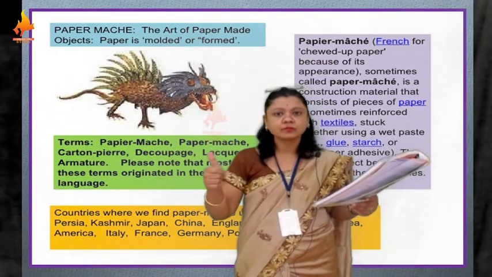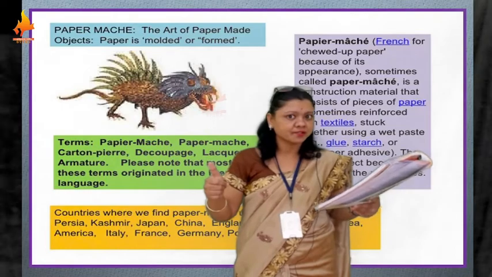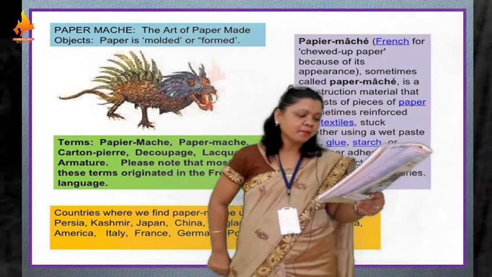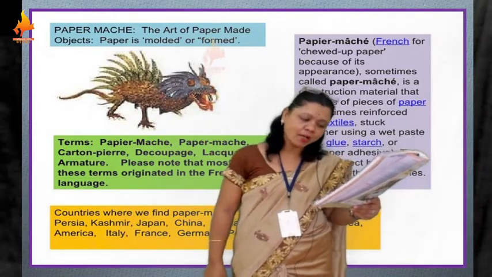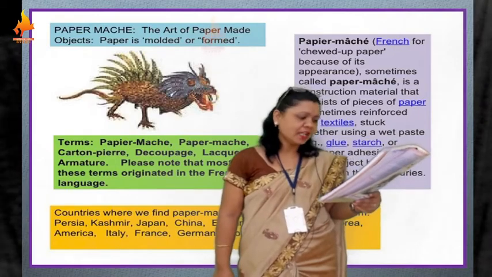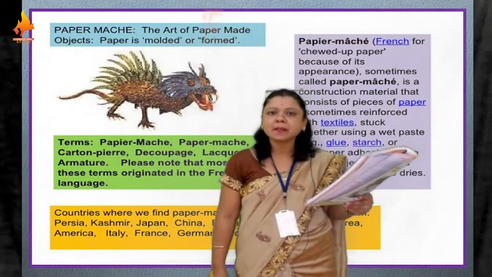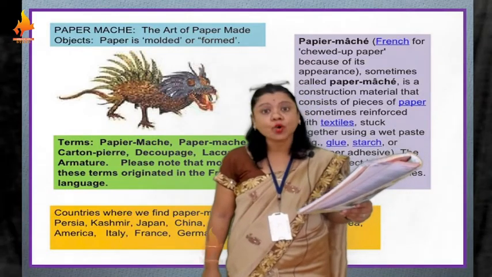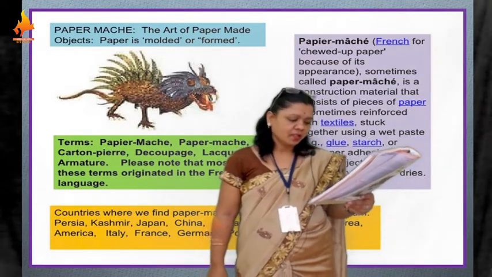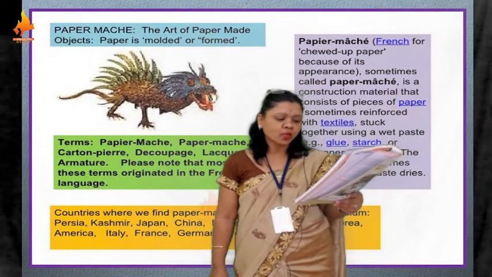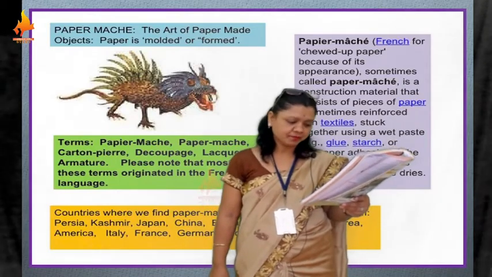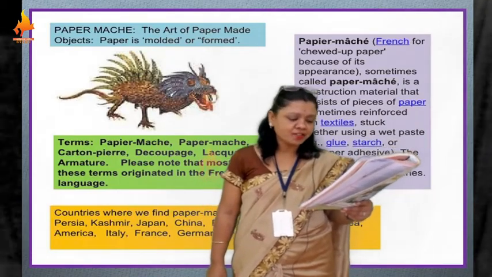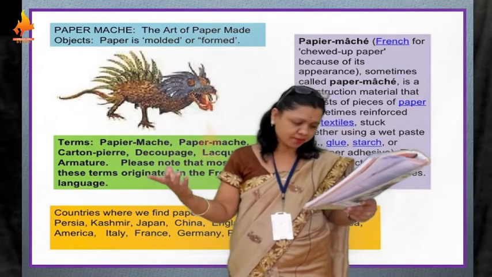So, be enthusiastic. Okay? So, paper mache is a perfect environmentally friendly craft and can be picked up easily by an enthusiast. It is an excellent hobby for people who like to work with their hands. Paper mache in French means chewed paper.